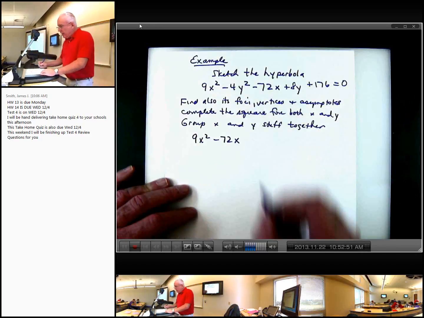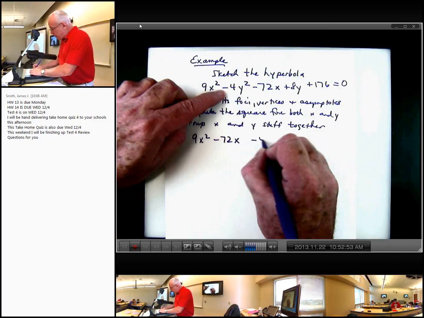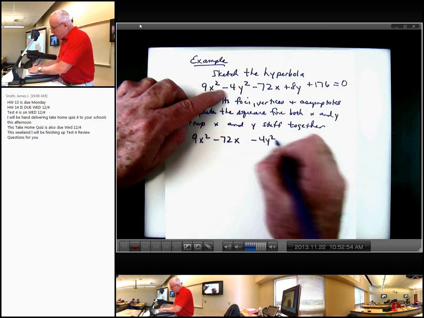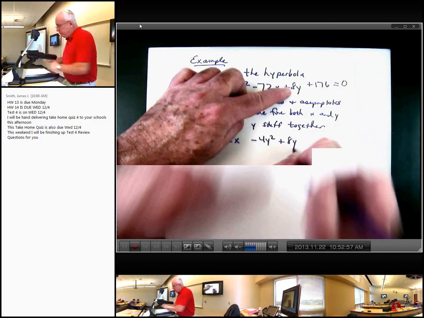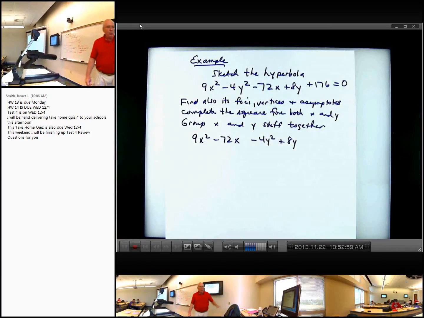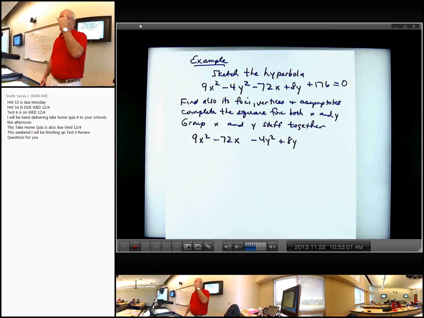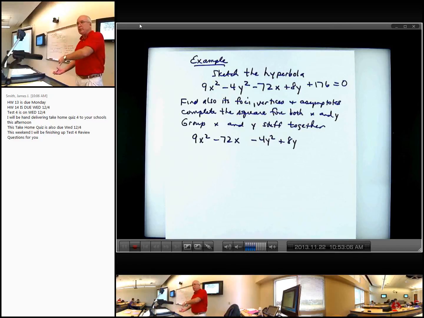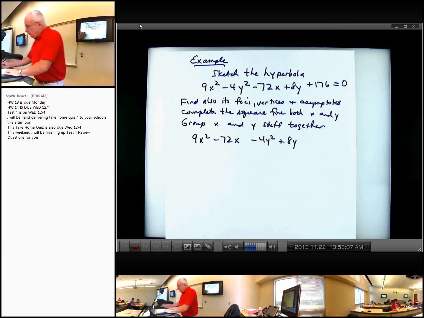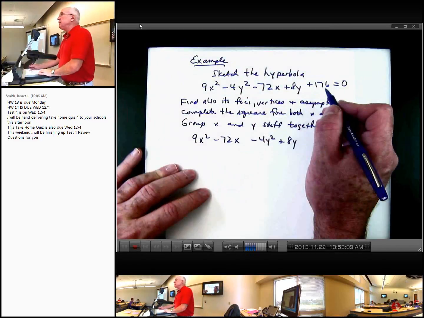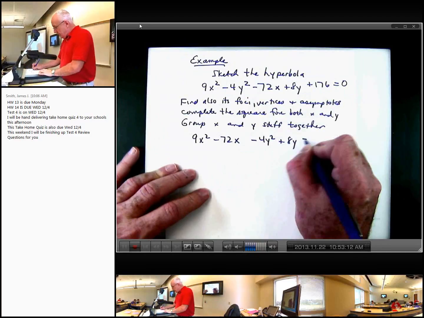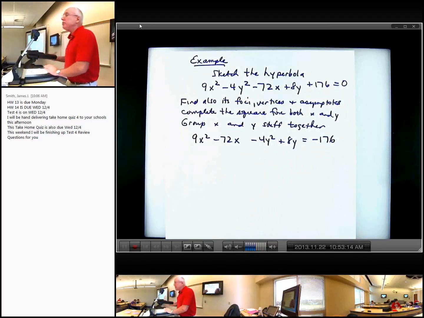And then, for y, I have minus 4y squared plus 8y. And if you remember this from completing the square, the plain constant needs to be moved over to the other side of the equation. So this 176, I need to subtract it from both sides and get it over on the other side.